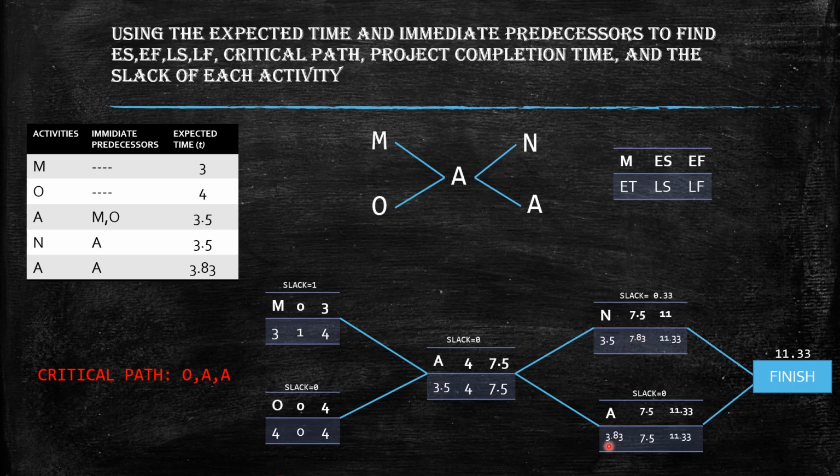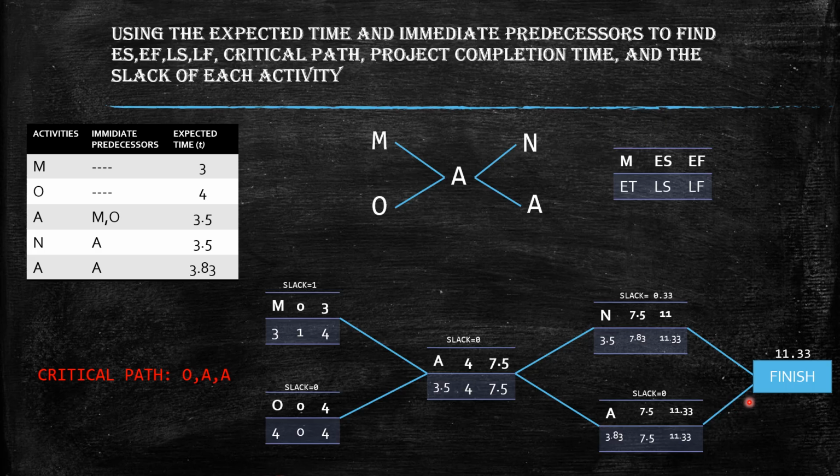Here, we do also the same. So since the earliest finish of activity A is 7.5, we're gonna get the earliest start of the other activity 7.5 also. Then to get its earliest finish, we have to add the earliest start to the expected time, which is 3.83 plus 7.5 results to 11.33.